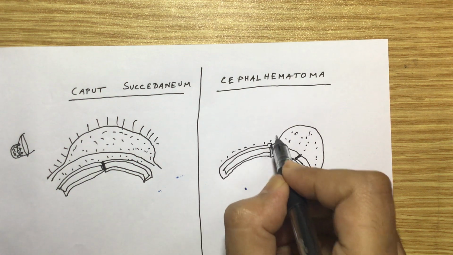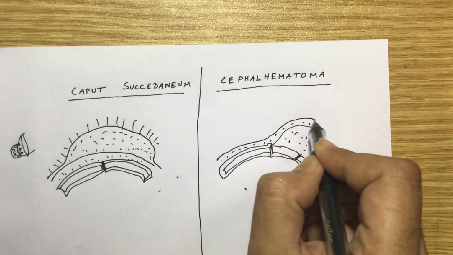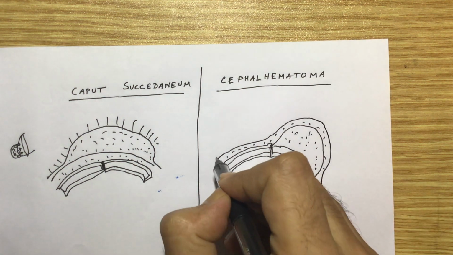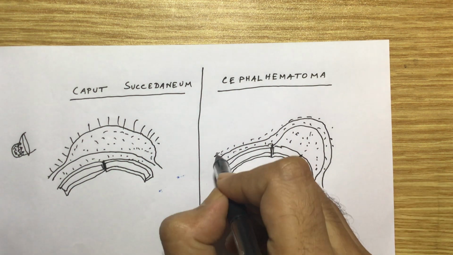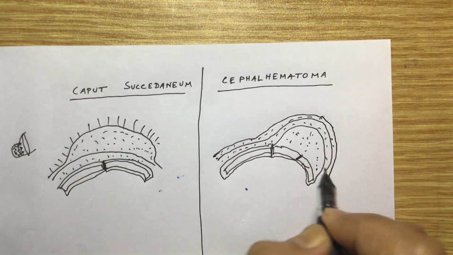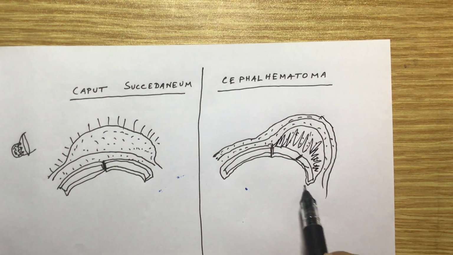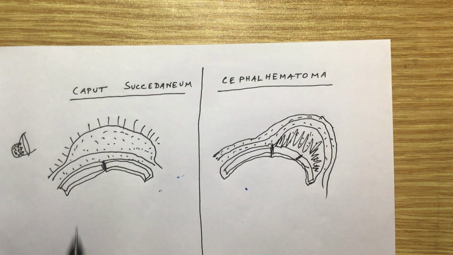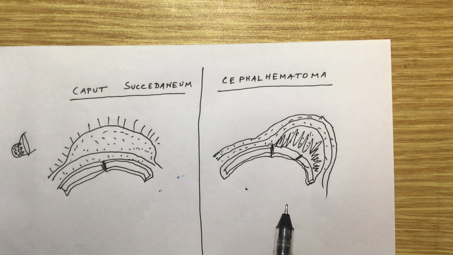Over there is the fourth layer, then the third layer, then the second layer, and the skin. But this thing will follow these suture lines. So that is the difference between a caput succedaneum and a cephalhematoma.